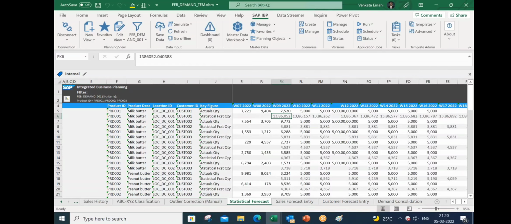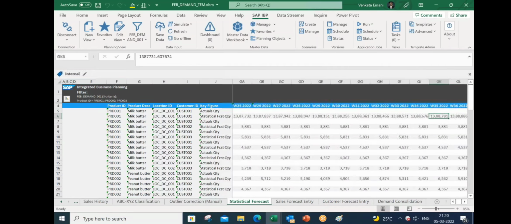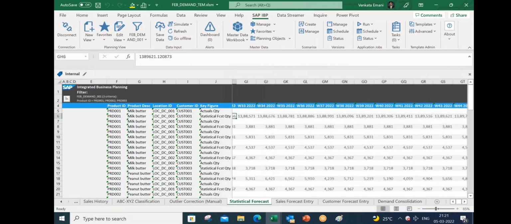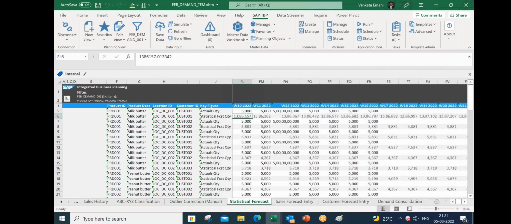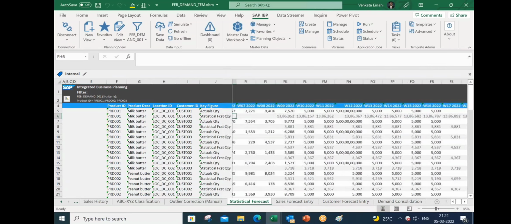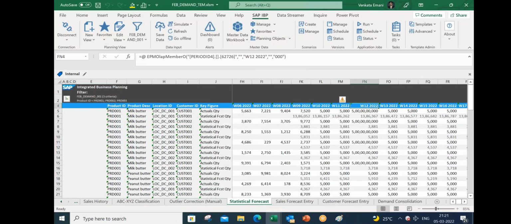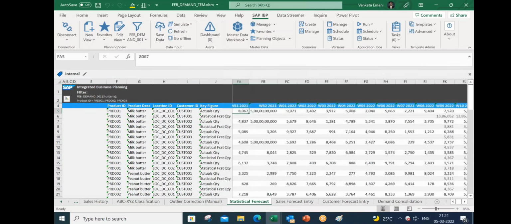See, here the statistical forecast is very huge. It's huge values, right? Yes, very huge. I think probably it has read something somewhere, this 5 lakh, somewhere.